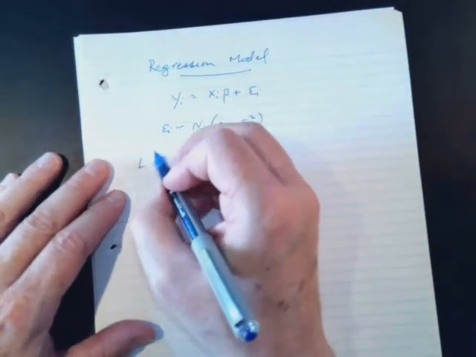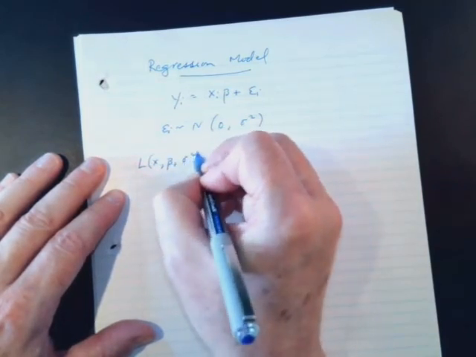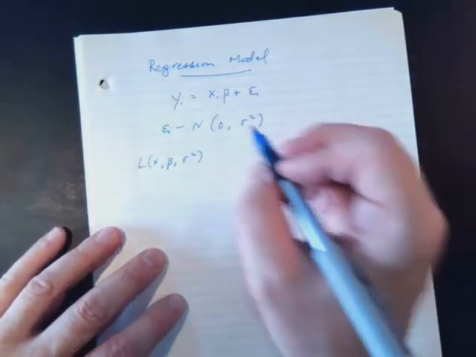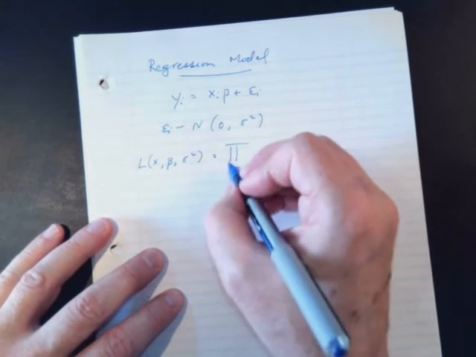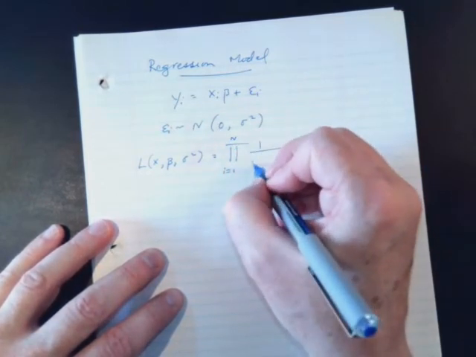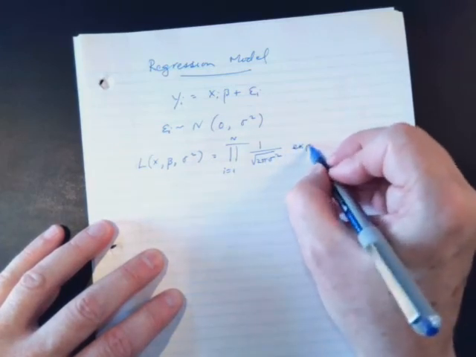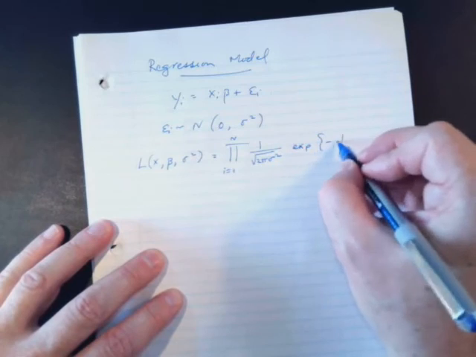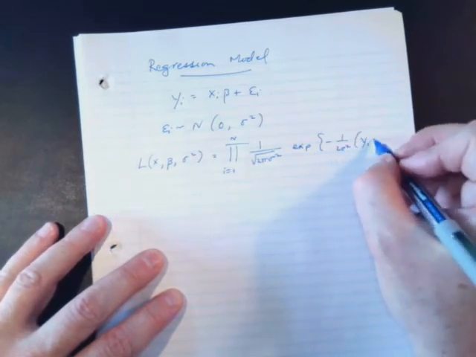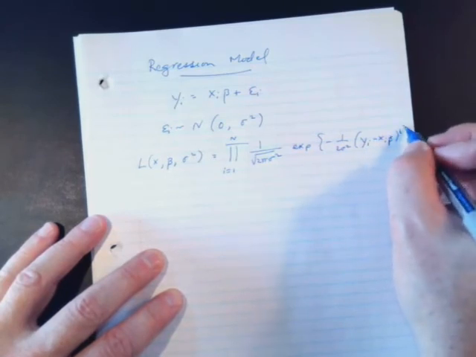So the likelihood function, given our data and our estimate of beta and sigma squared, is the product of 1 over root 2 pi sigma squared, exp minus 1 over 2 sigma squared, yi minus xi beta squared.